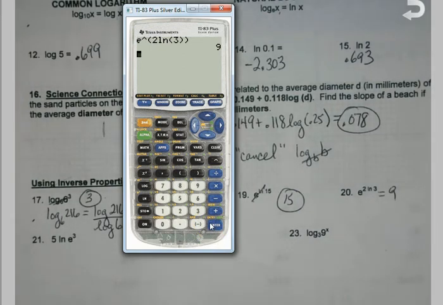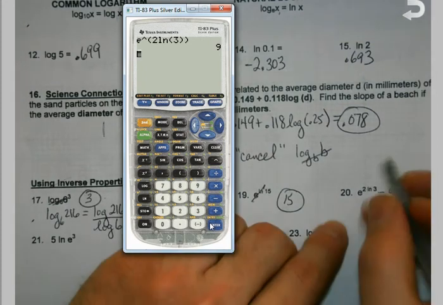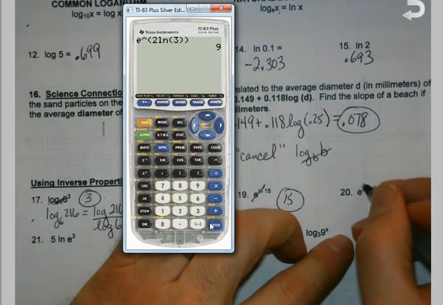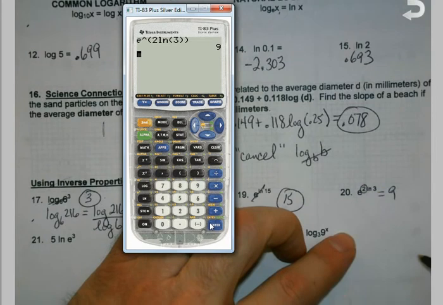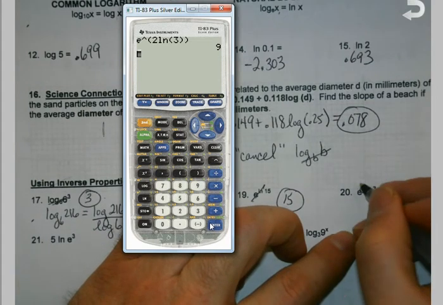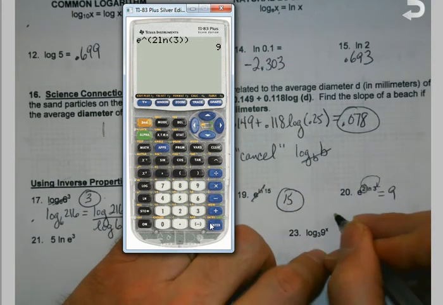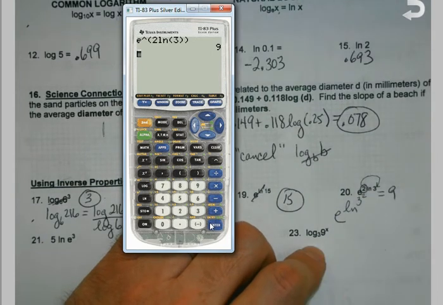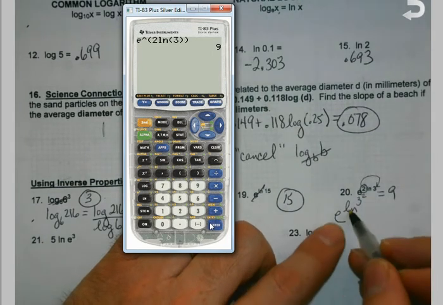How can I turn that into 9? I'm going to show you a trick. You don't need to know this yet, but next section you'll learn it. If there's a coefficient in front of my natural log, that actually swings up and becomes an exponent on that number. You're like, wow, exponent to exponent to exponent.